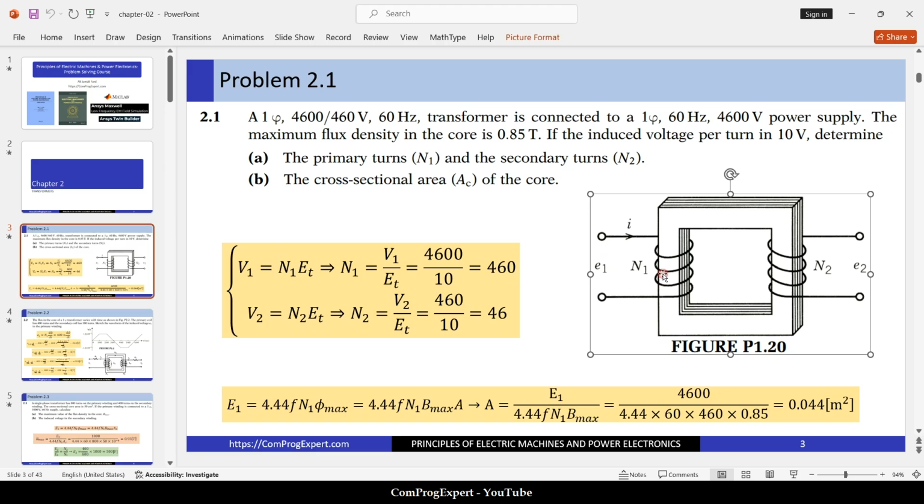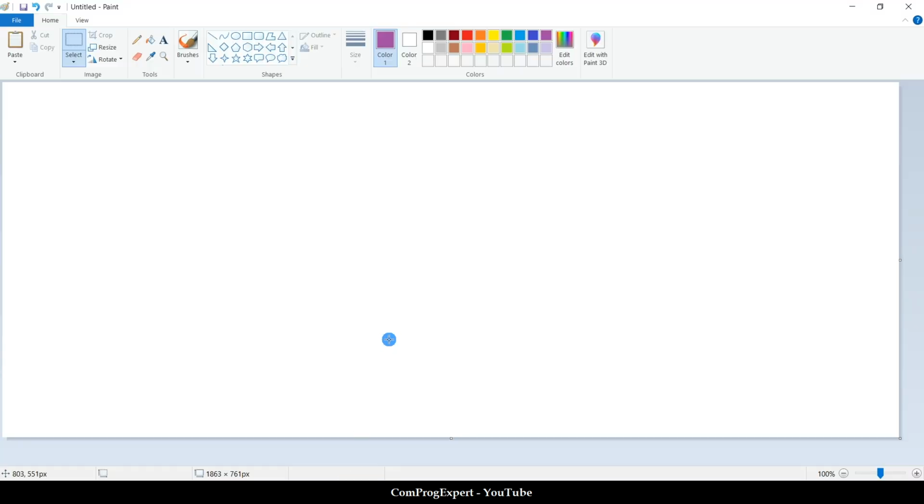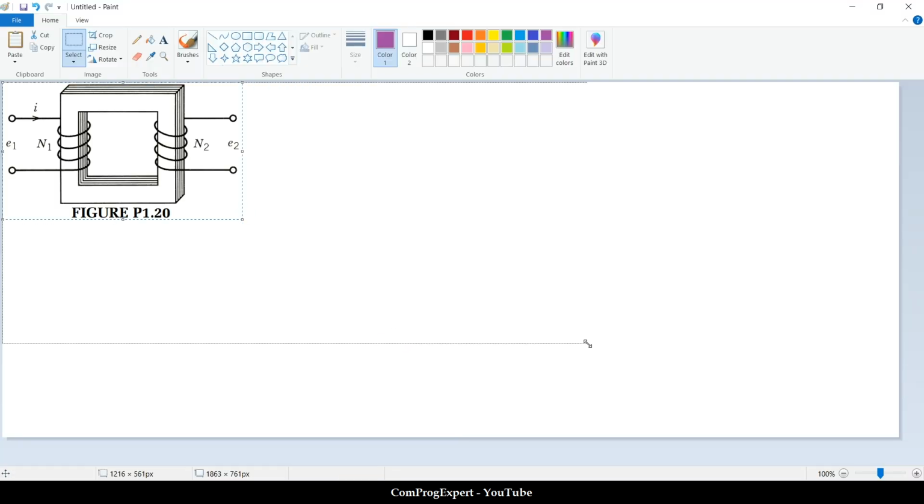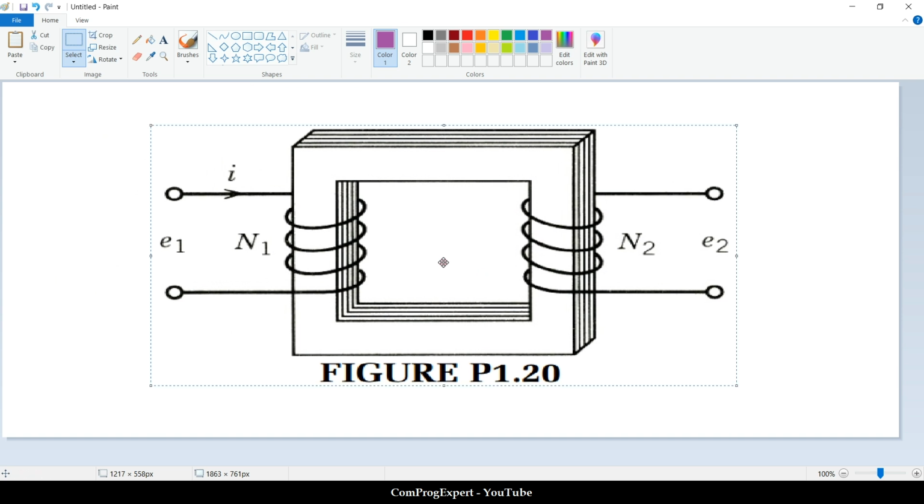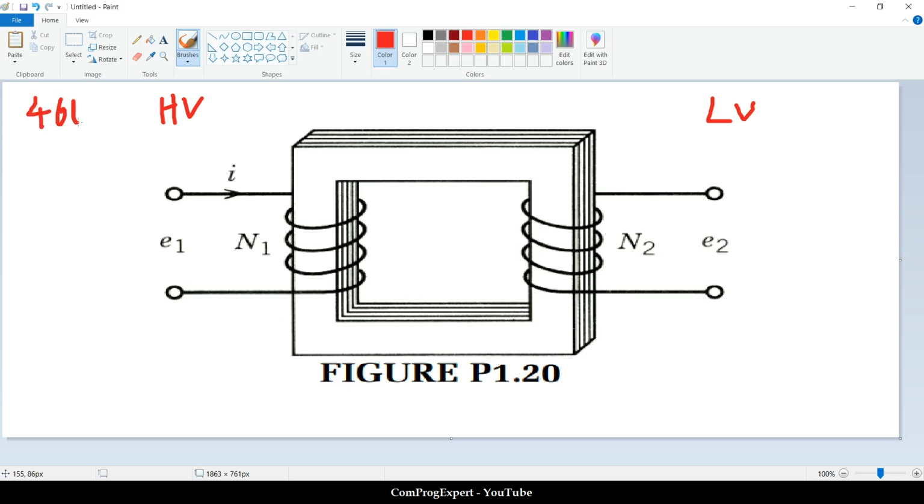Not too complex. Here is the single phase transformer. We have this high voltage side winding and this low voltage winding. The rated voltage is this one here, and this is the rated voltage of the low side winding.